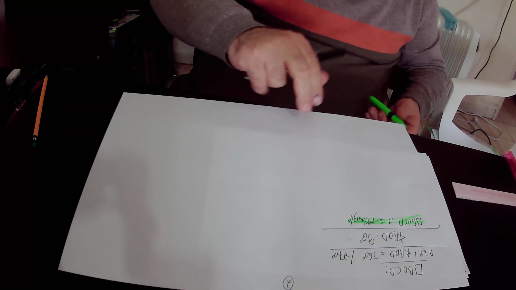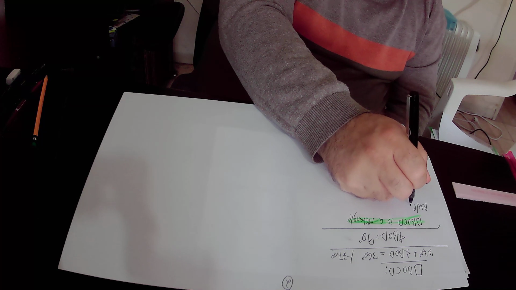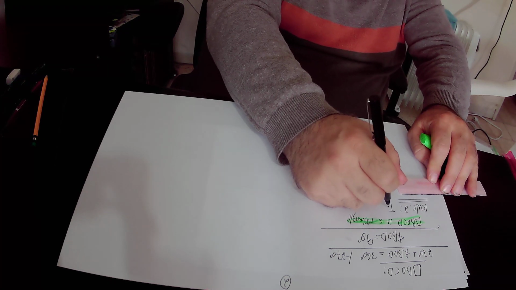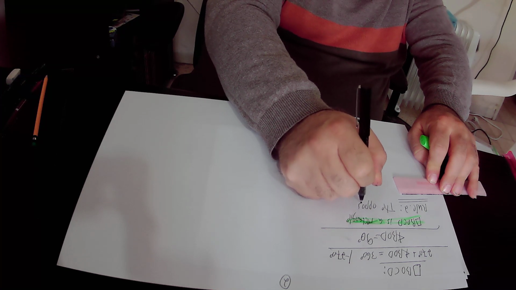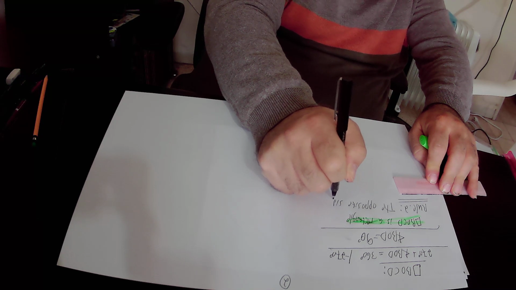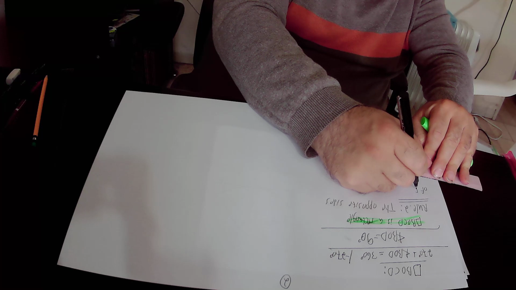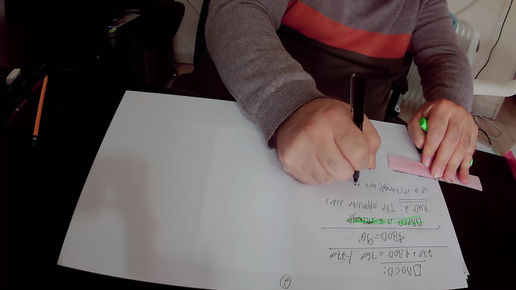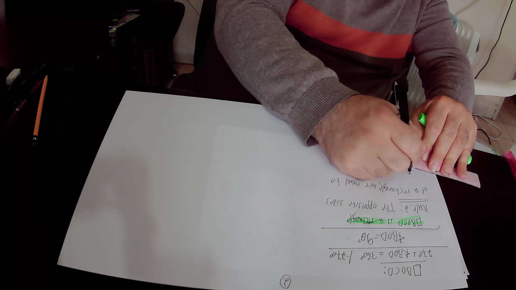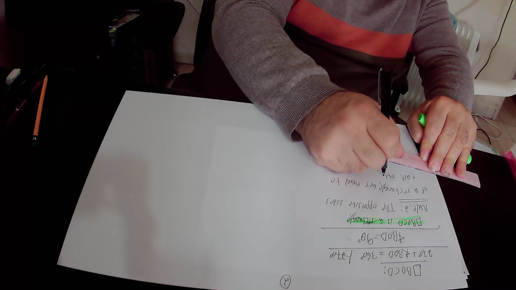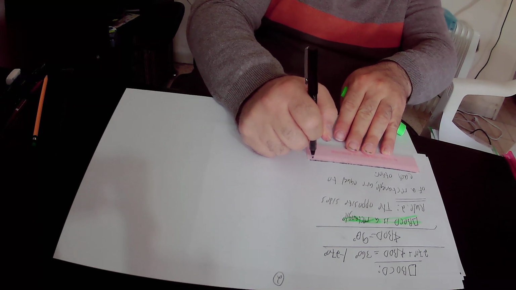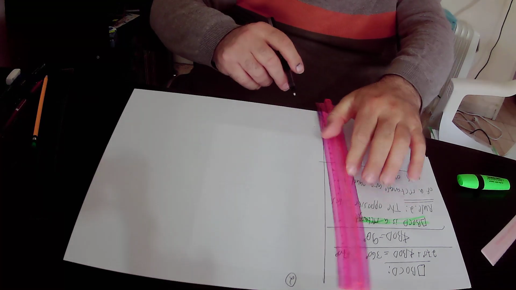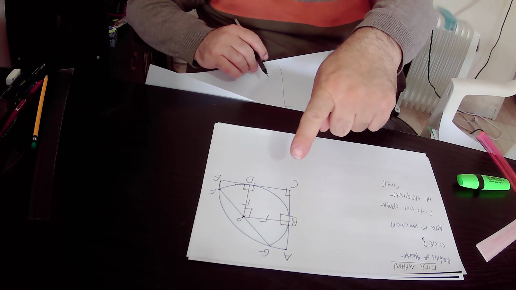And we have rule number 2: the opposite sides of a rectangle are equal to each other.